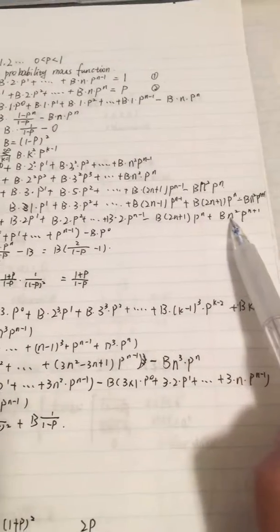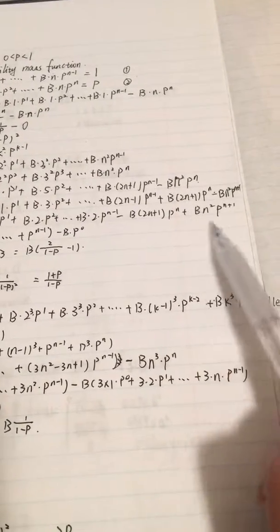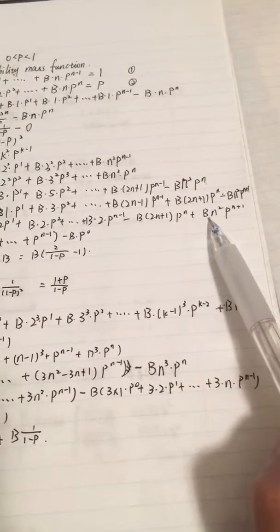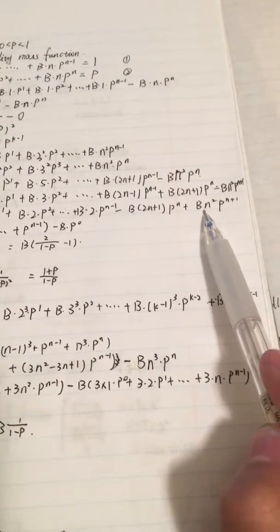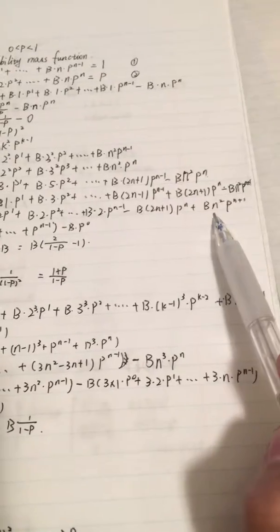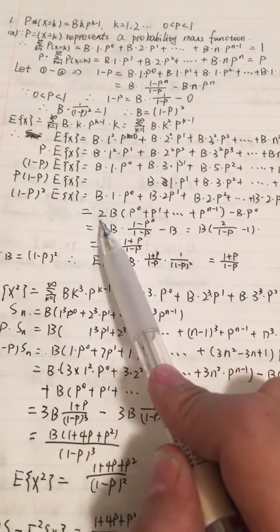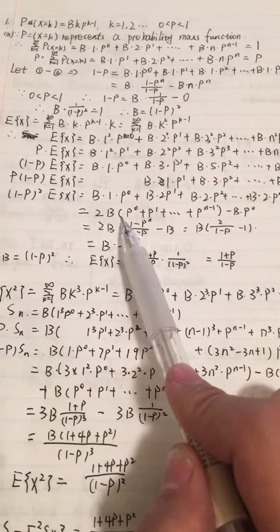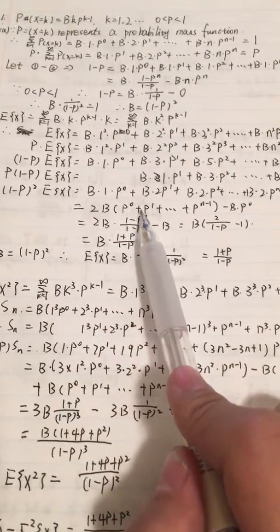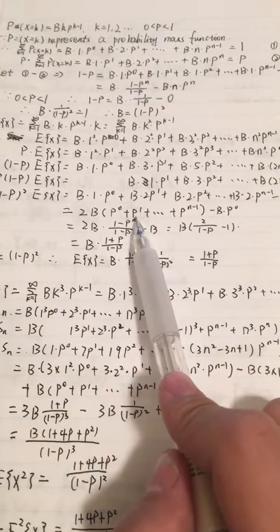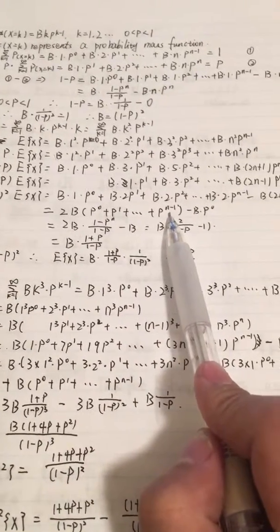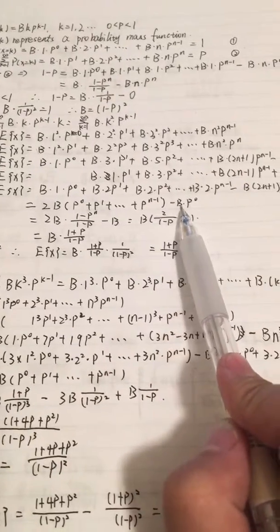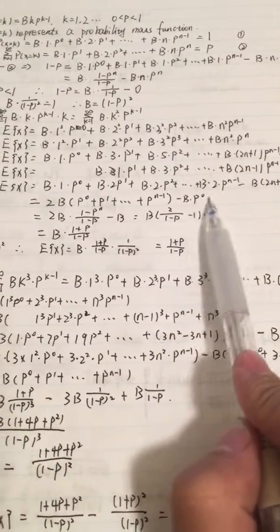Because when n equals infinity, we can let this equal 0, so we can get 2 multiply b and multiply p to 0 plus p to 1 plus p to n minus 1, and minus b multiply p to 0.